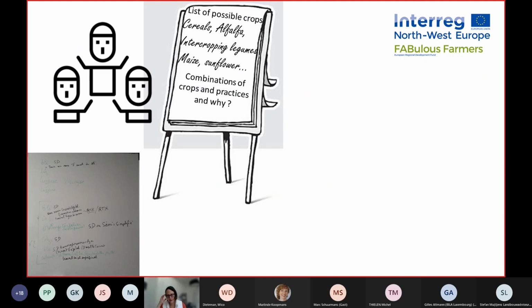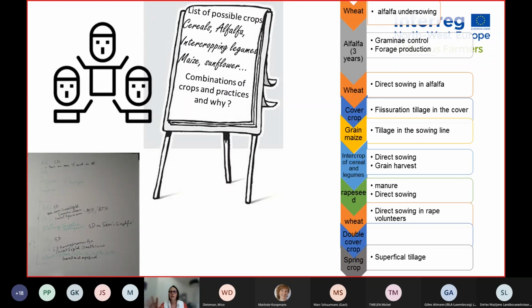After collective and individual reflections, first on the list of possible crops, a combination of crops and practices, and why they can combine these crops and these practices to answer the goals that we defined, they built a new cropping system, which is described here.